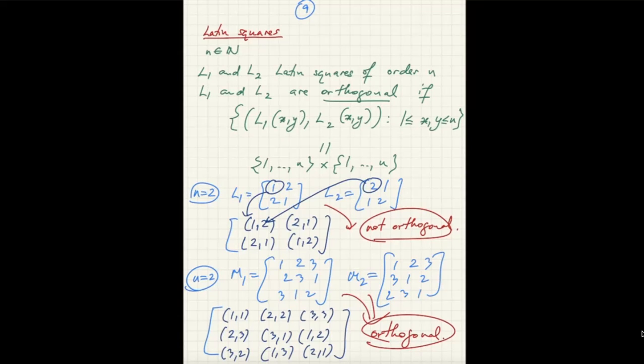Okay. And now the question is a bit harder: for what n can we construct orthogonal Latin squares?